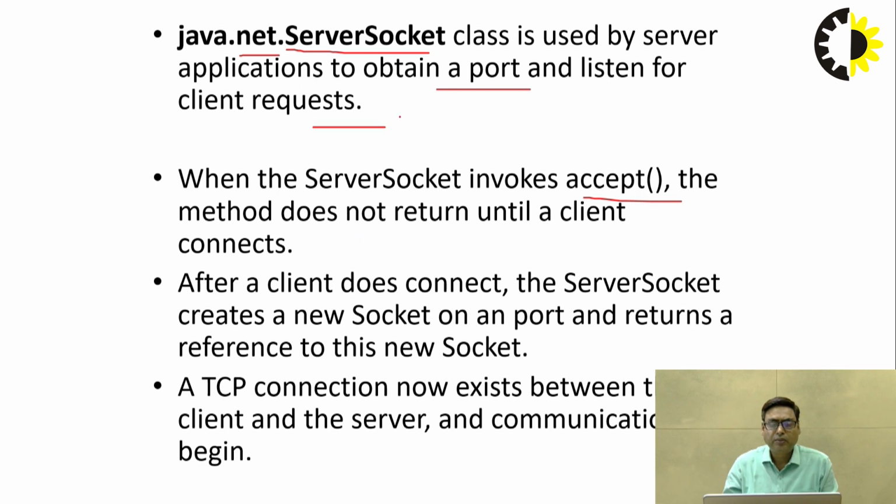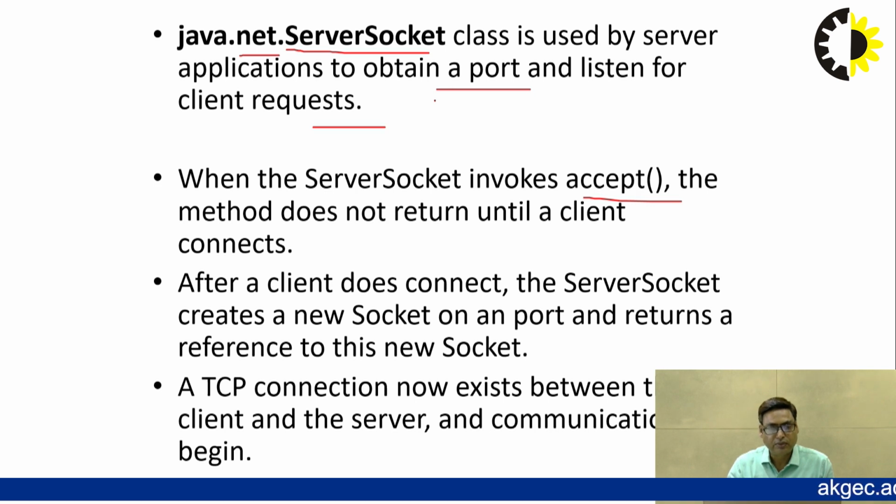So I am talking about the ServerSocket, a class provided by the Java programming language. It obtains a port and listens for client requests. The ServerSocket invokes the accept method, which is the method to connect to the client. It waits for a client to be connected.